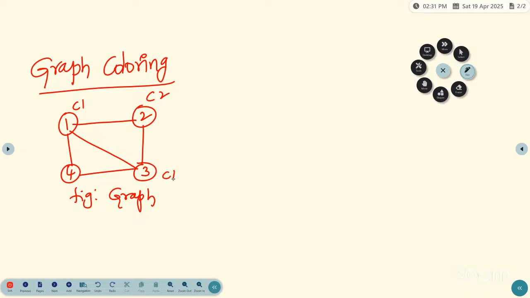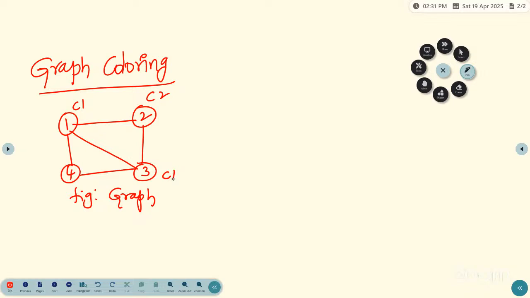Can I use color 1 for this node 3? Why is it no? Not the same color for neighbors. Now the same color is not allowed. What nodes are next to node 3? Node 2 is there, 4, and 1 also.